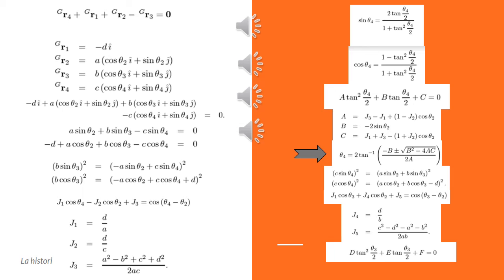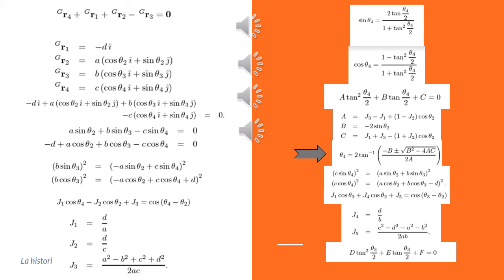The left superscript G reminds us that the vectors are expressed in the global coordinate frame attached to the ground link. Now we are going to substitute the complex number expressions for the planar vectors in the equation, and this results in this part. Then we can see it in the vectorial form with i, j, and k.